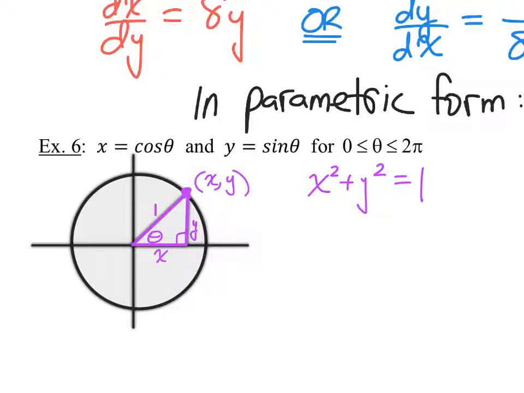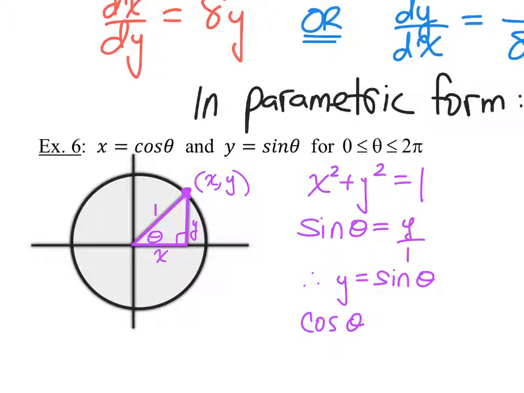But there are 2 more relationships. One is that the sine of theta is equal to y over 1, or just y. And the cosine of theta is equal to adjacent over hypotenuse, x over 1. So therefore, x is equal to the cosine of theta.